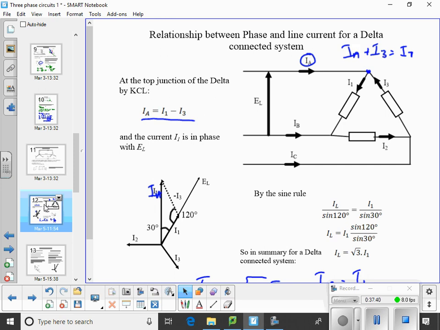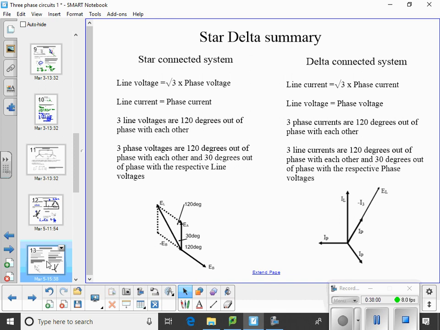Because this winding here is getting the line voltage between A and B. This one is getting the line voltage between B and C, and this one is getting the line voltage between A and C. Yeah. So line voltage and phase voltage in delta are equal. You get 3 phase currents 120 degrees out of phase with each other, 3 line currents 120 degrees out of phase with each other, 30 degrees out of phase with the respective phase currents. Yeah?